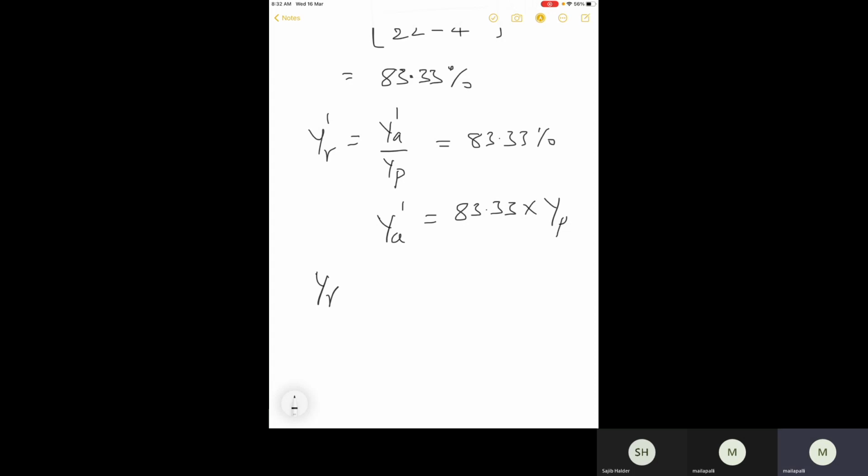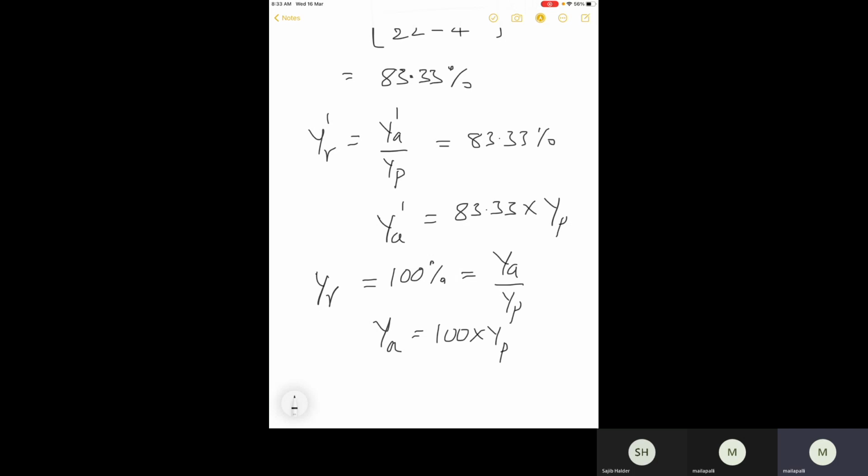Okay, similarly, there is no yield reduction. In that case, the relative yield will be 100%, which will be equal to YA divided by YP. So YA will be 100 multiplied by YP. Okay, there are two cases. This is one.